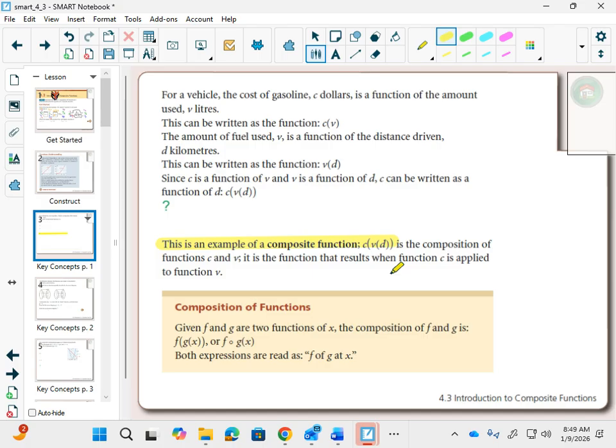And so I have to put both of those things together, that my cost is based on my volume, which is based on the distance. So if I know the distance, I could calculate the volume, and I could calculate the cost, but I could also combine these two to get an equation that just puts the distance in and tells me approximately how much money I'm going to spend on gasoline getting to Calgary.